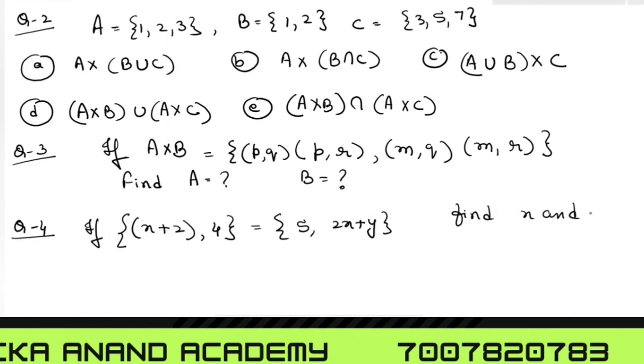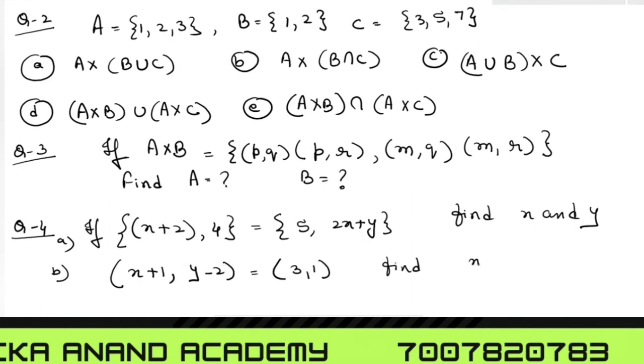I think you can find them. Yes, ma'am. Okay. If x plus 1, comma y minus 2, is equal to 3, comma 1, find x and y.